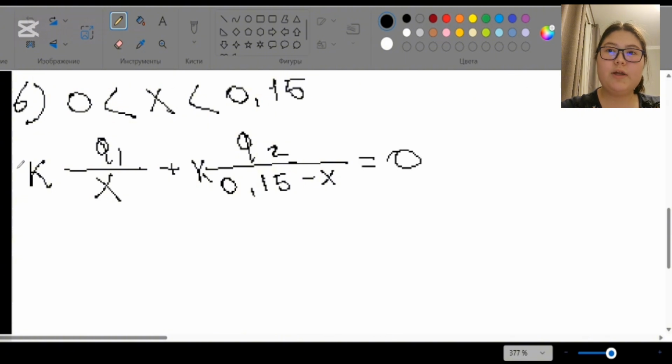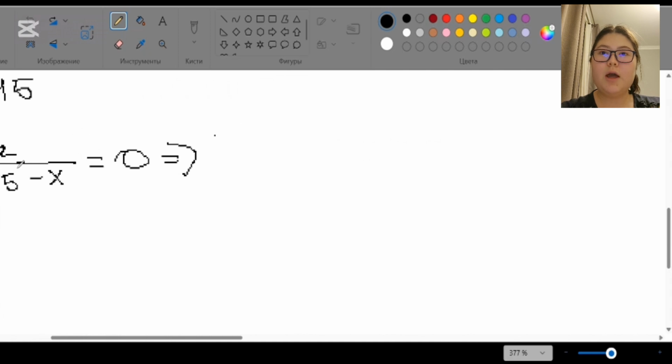Okay, so we know that this is equal to 0, so we can equalize the two.